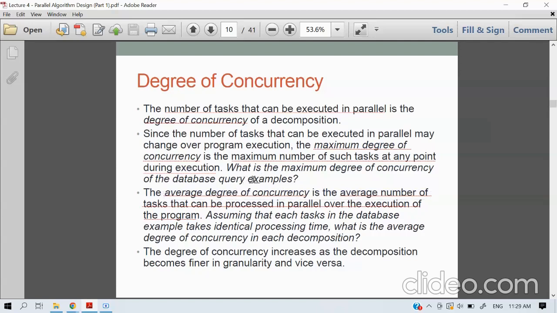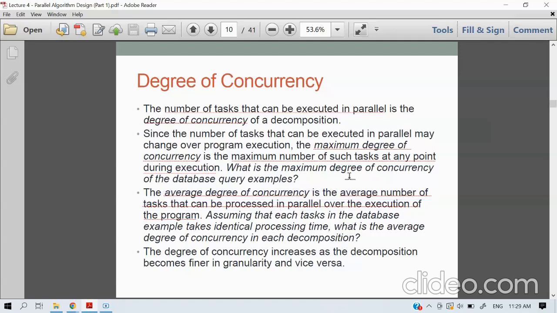Inside the degree of concurrency, we also have another keyword here. We need to know the average degree of concurrency. Among the levels of concurrency that we have executed, between all the 5 levels of concurrency, we need to know what the average degree is.